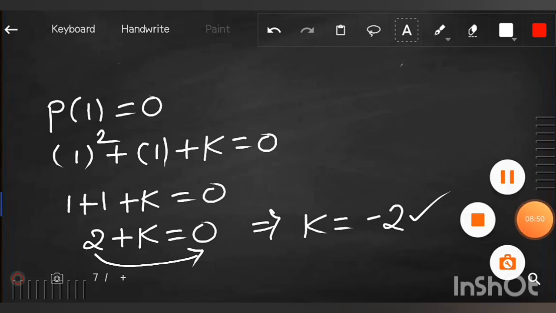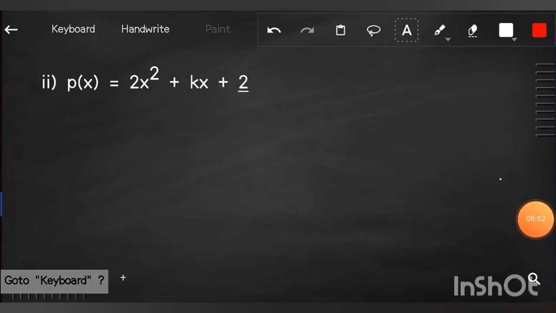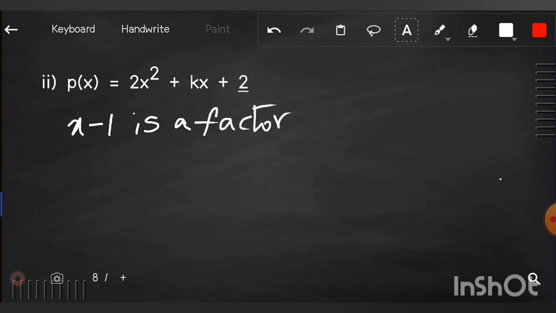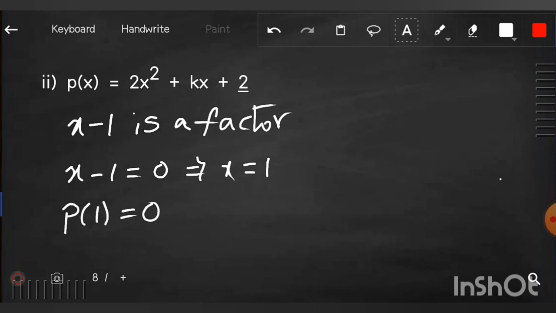So let us solve the second problem now. p of x is given 2x square plus kx plus 2 and x minus 1 is a factor for the second problem. That means x minus 1 equal to 0, that indicates x equal to 1. Now p of 1 should be equal to 0 as x minus 1 is a factor.